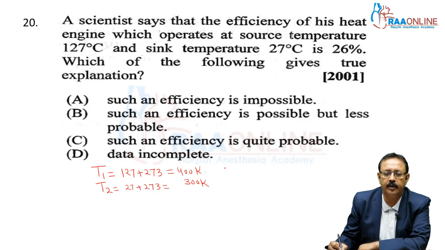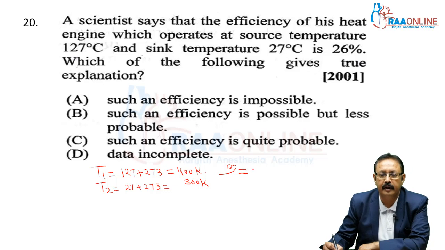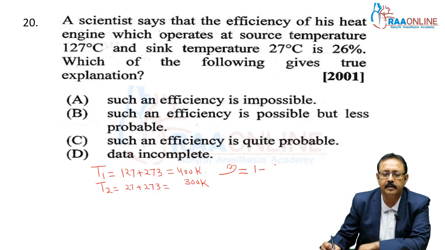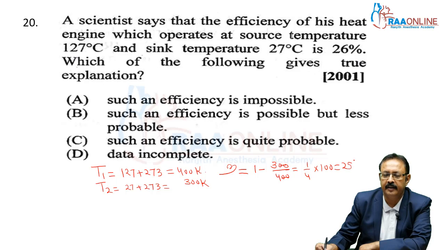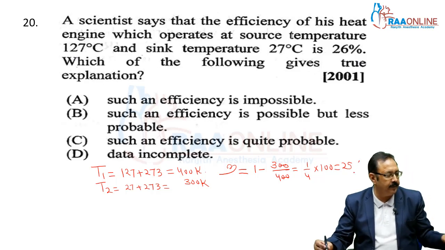So the efficiency of an ideal Carnot heat engine working with these temperatures should be 1 minus T2 by T1, which means 1 minus 3 by 4, which is 1 by 4. In percent it is 25%. It means for an ideal heat engine working with these temperatures, efficiency is 25%.